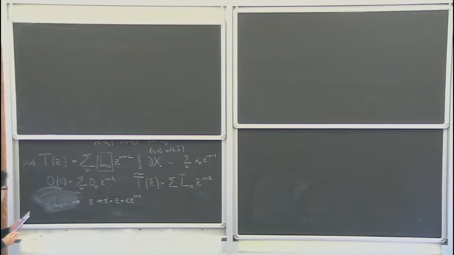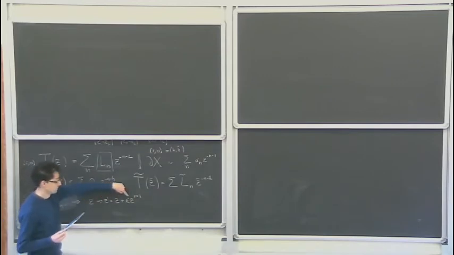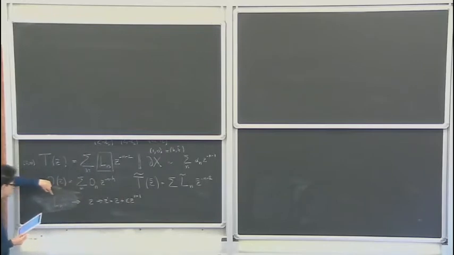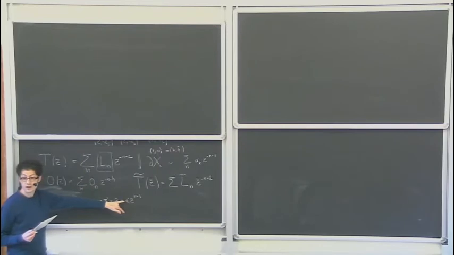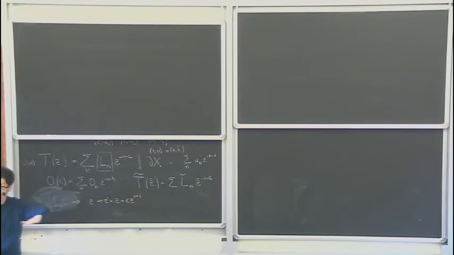Right? So this is an infinitesimal diffeomorphism. Epsilon is a very small quantity. And what I'm claiming is that this infinitesimal transformation is generated by Ln. So for instance, L minus 1 generates just the shifts, the translations in 2D.